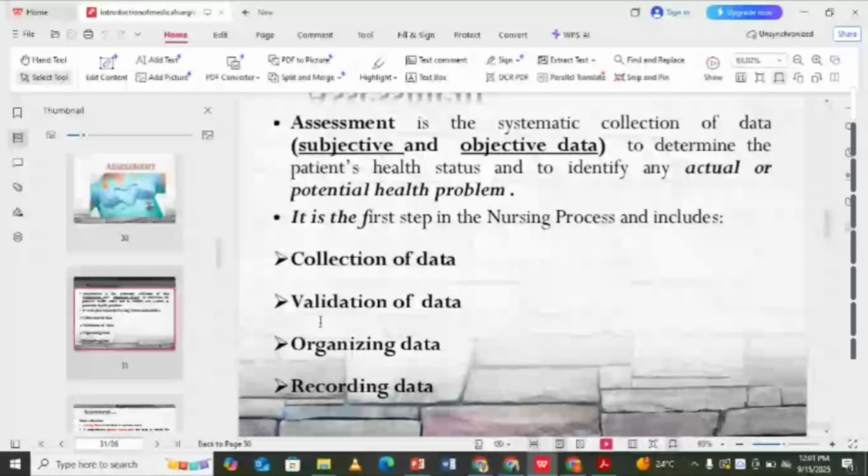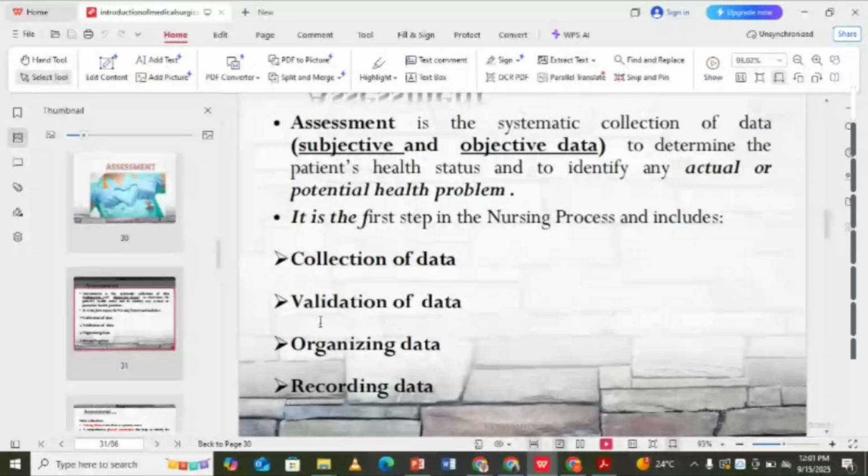But from their facial expression, the patient looks tense, or they're guarding their abdomen, or their facial expressions clearly indicate that they're in pain. That alone should tell you that whatever the patient is telling you subjectively is not the right one. So that's one way of validation, comparing the subjective and objective data.